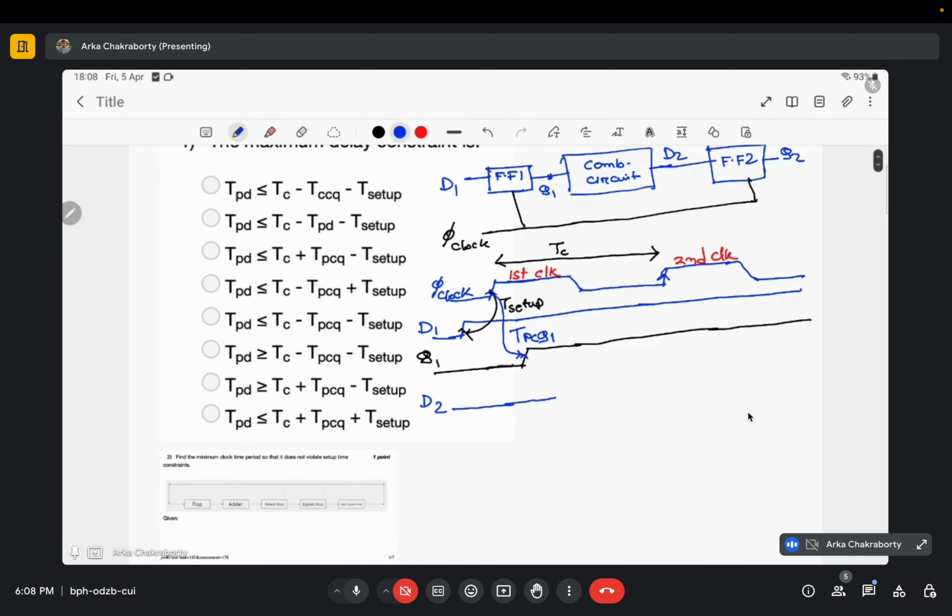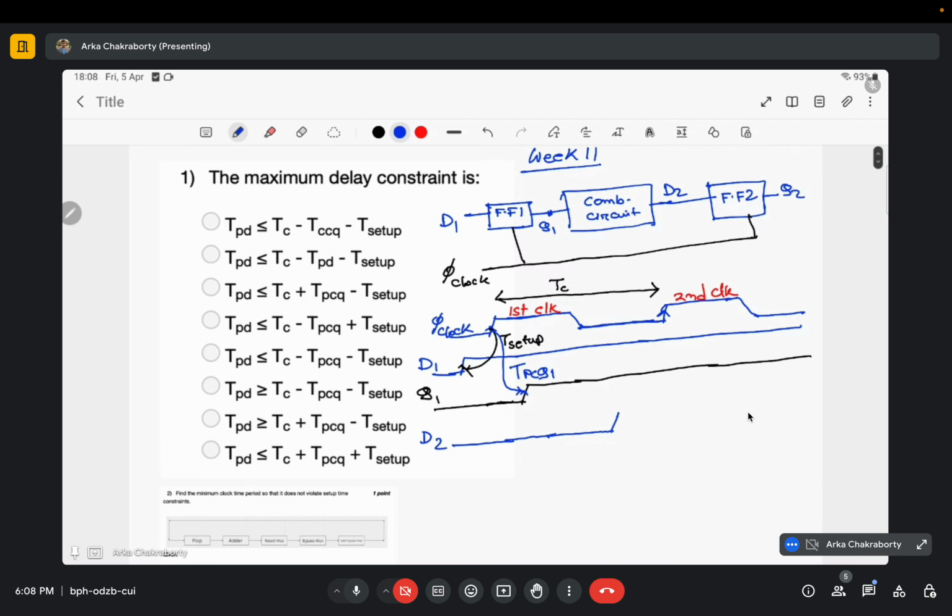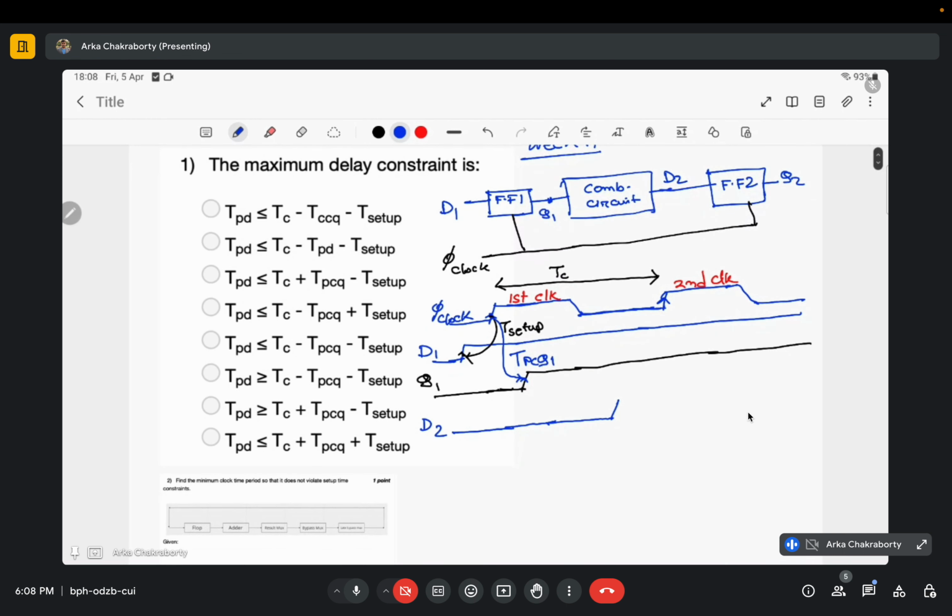So the design is such that it goes to the negative half, so that it gets captured in the second clock.